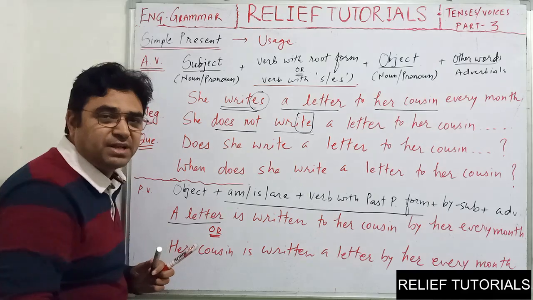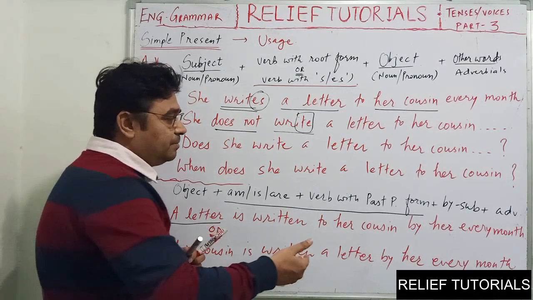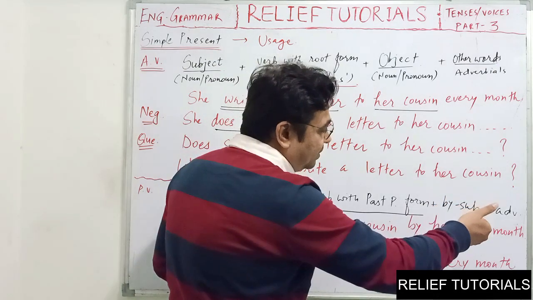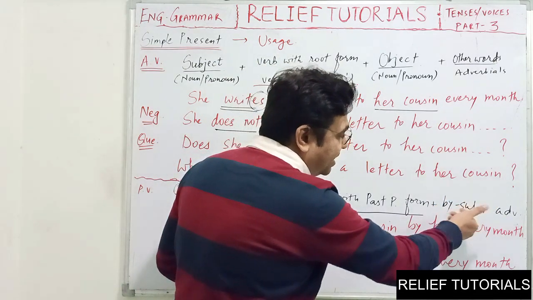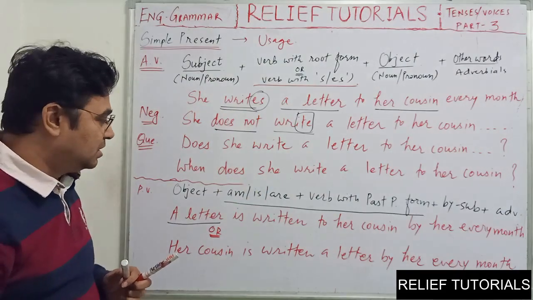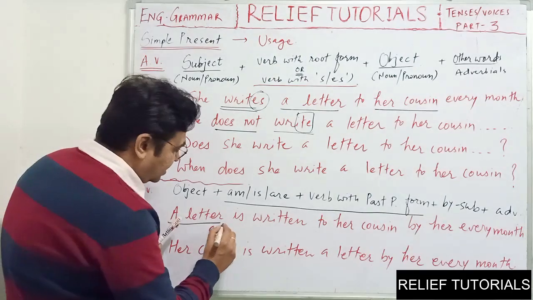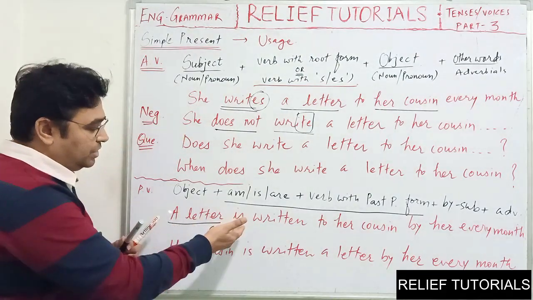Past P means past participle form, well, the V3 form of the verb. Then the subject goes right at the end, added with by, and then the rest of the words. So it is something like that. A letter, then now is there.